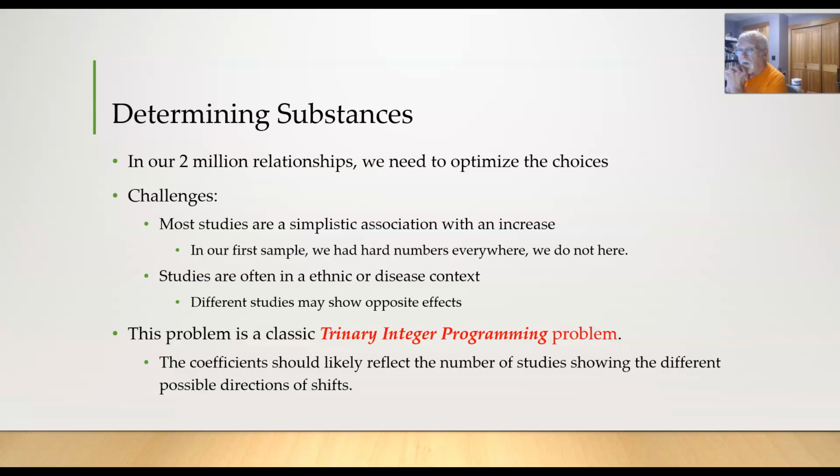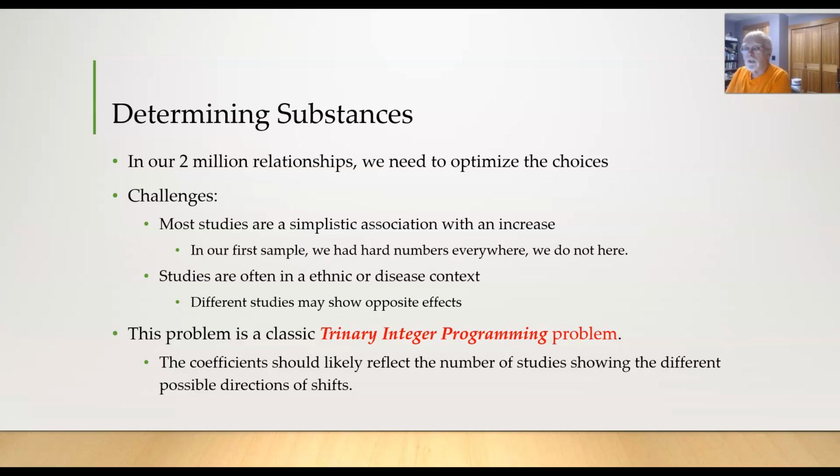And in some cases, we find that for a particular condition, for example IBS, the shift of a substance on IBS varied according to subsets. In one, it increases, in the other, it decreases, which means that we now have fuzziness whether or not the substance for a real person will increase or decrease. We have fuzziness there, which is another challenge.